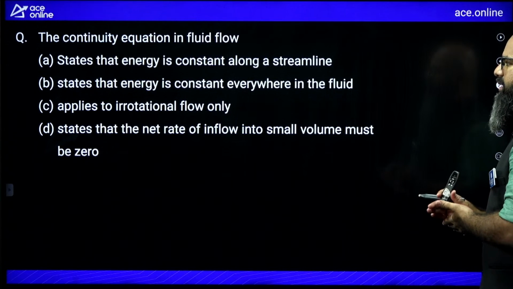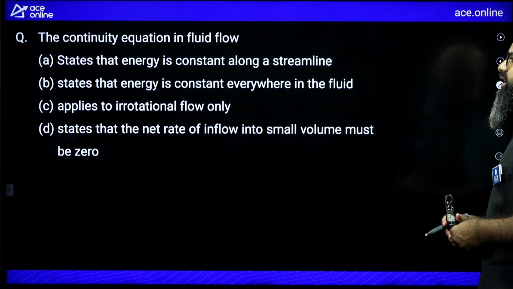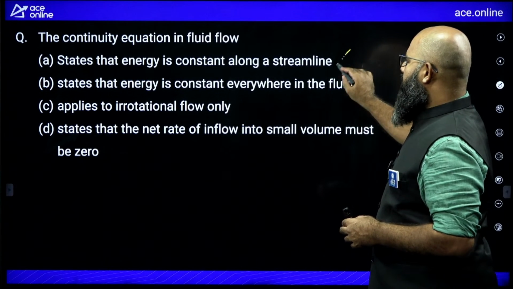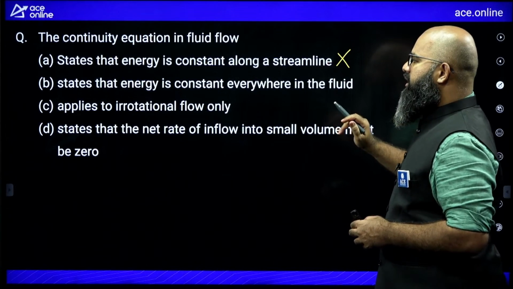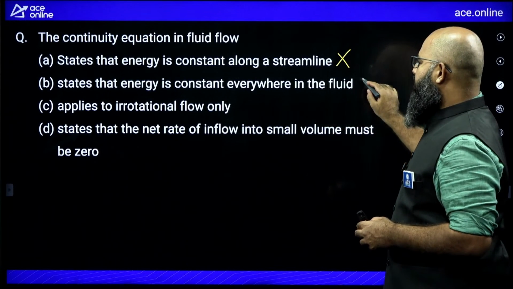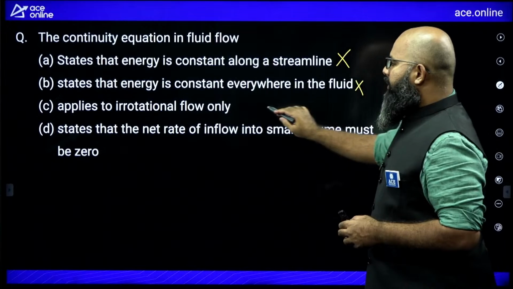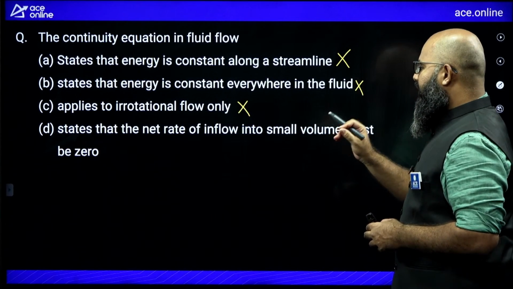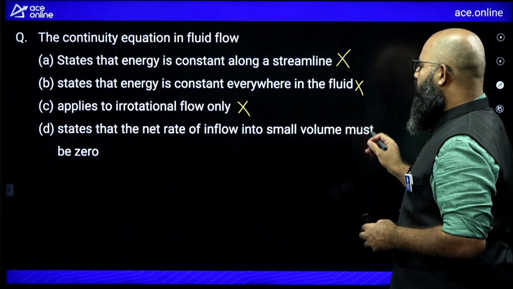Now he's asking something regarding continuity equation. The continuity equation in fluid flow states that energy along a streamline is constant. This is wrong. This is Bernoulli equation. States the energy is constant everywhere in the fluid, again wrong. Applies only to irrotational flow, no, not correct. States that net rate of inflow into small volume must be 0.